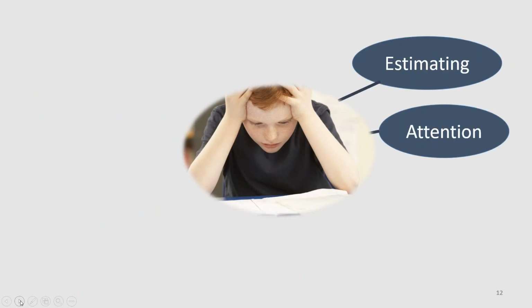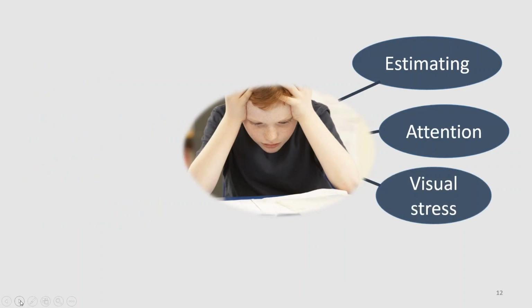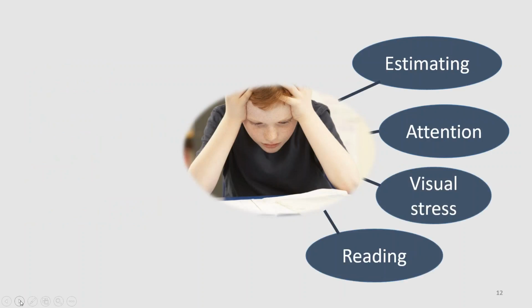Here's a reminder, for example, of the key points in Sebastian's profile. His profile includes the difficulty he has with maths around estimation, his inability to remain focused during an activity, turning round, fidgeting, tapping, etc. That movement of his head to and away from a book as he tries to read.